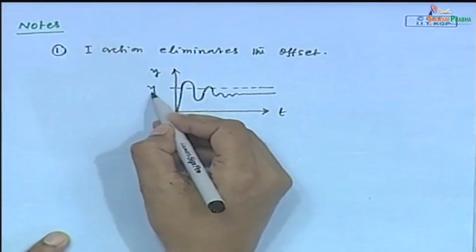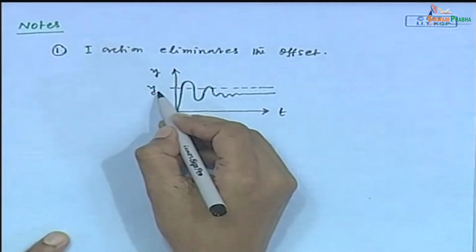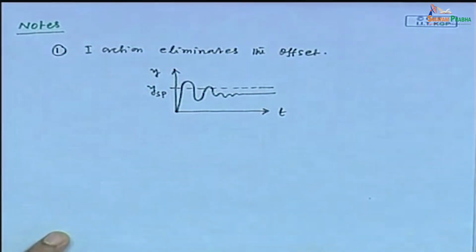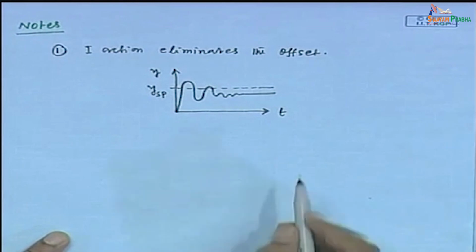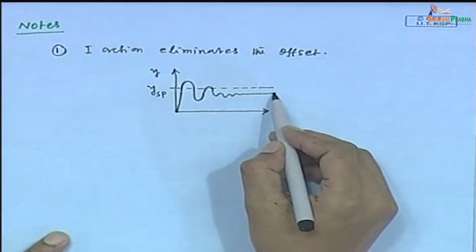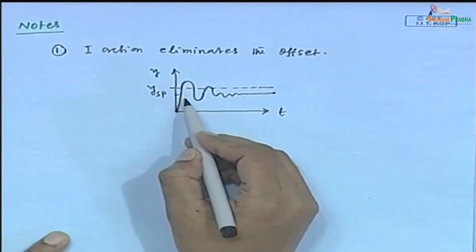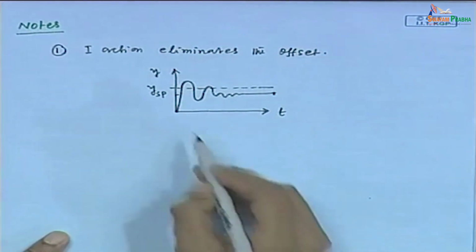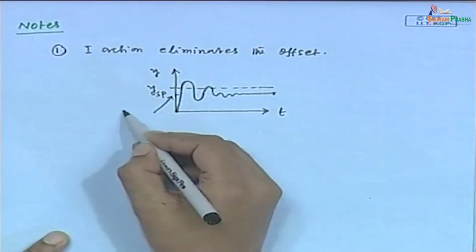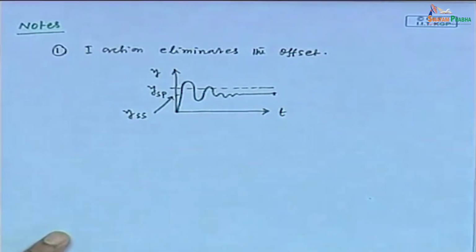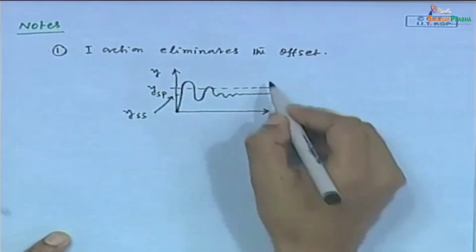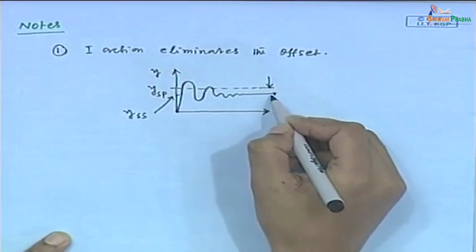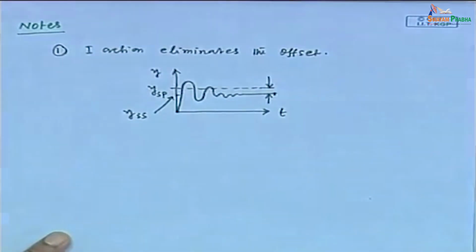This is the set point value and the value which we are getting finally, that is the steady state value, y steady state. Now, the difference between the set point value and the steady state value is called offset.